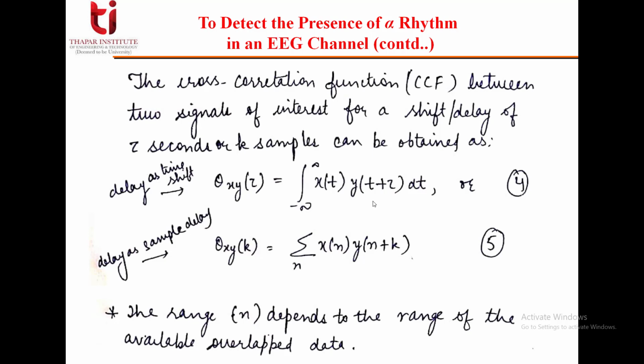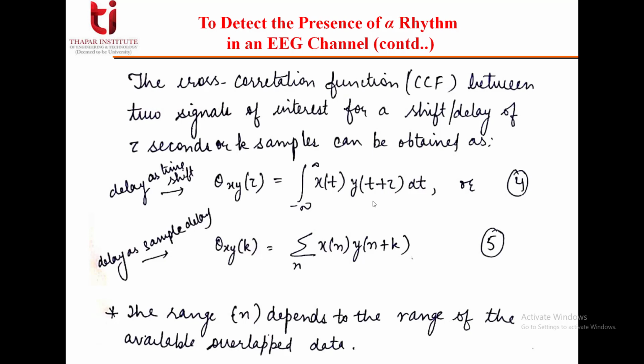The first corresponds to the continuous time signal, in which we keep tau, the amount of delay, or shift by tau seconds. The formula is the integral from minus infinity to plus infinity of x(t) y(t plus tau) dt. Similarly, in discrete terms we have a delay of k samples.